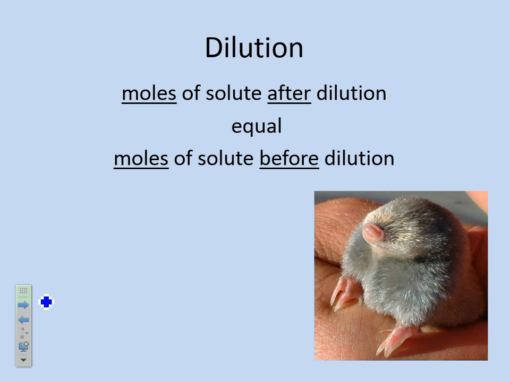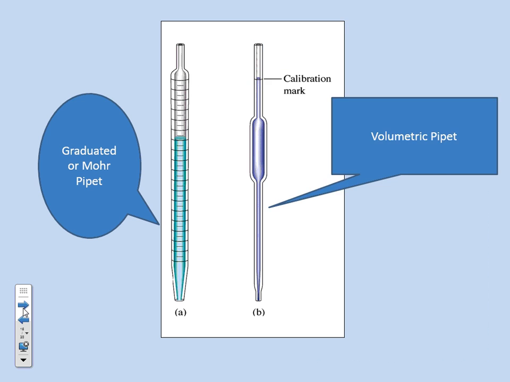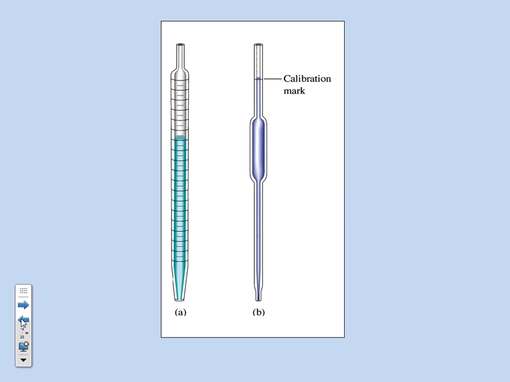So if we had before, we'll call that 1, M1V1 equals n, and then after the dilution, you have M2V2. It too equals n, so we can use a new formula, which I'll show you in a second.